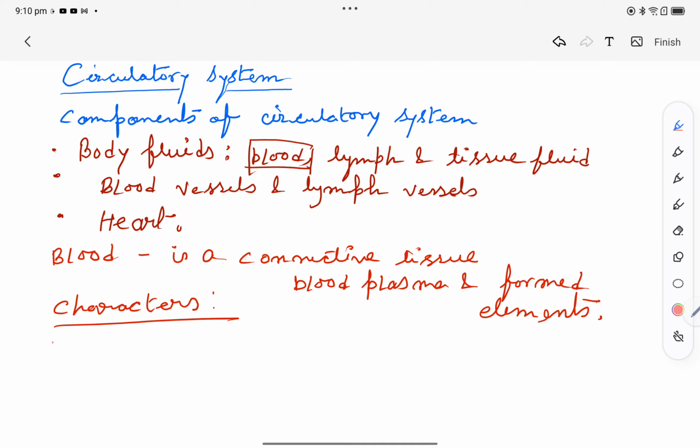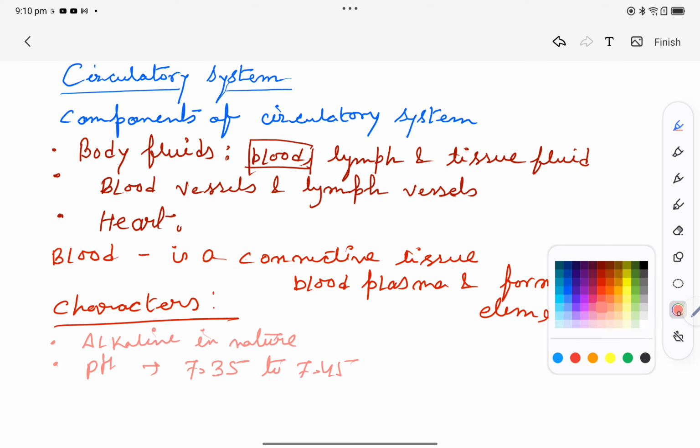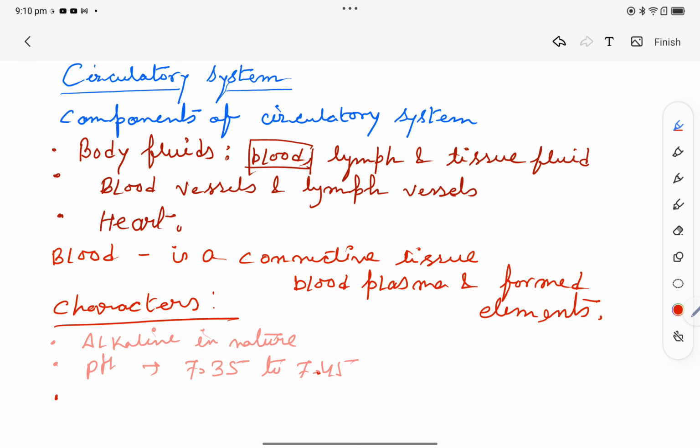First thing first, blood is alkaline in nature. The pH of blood is from 7.35 to 7.45. These are very important short questions. In a male, we can see 5 to 6 liters of blood present in the body.